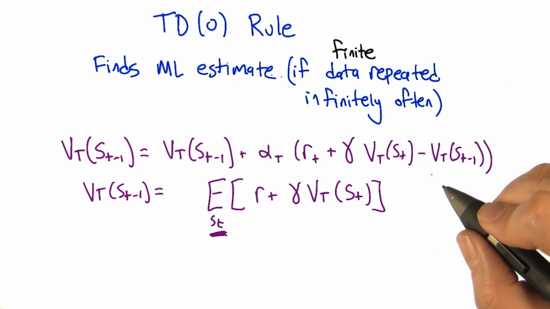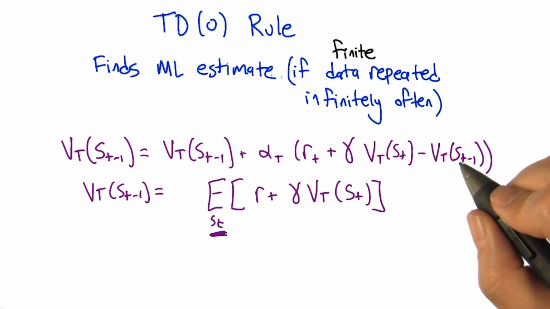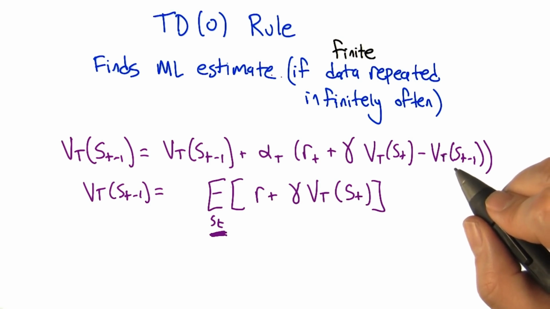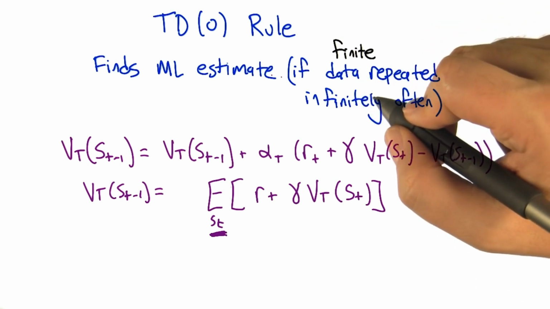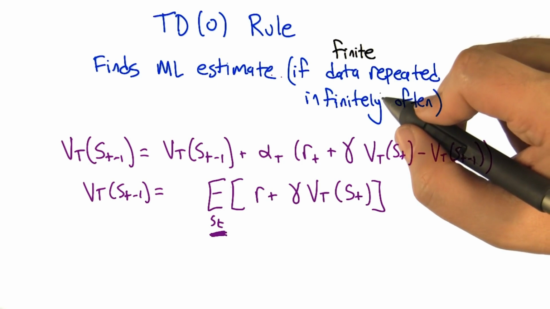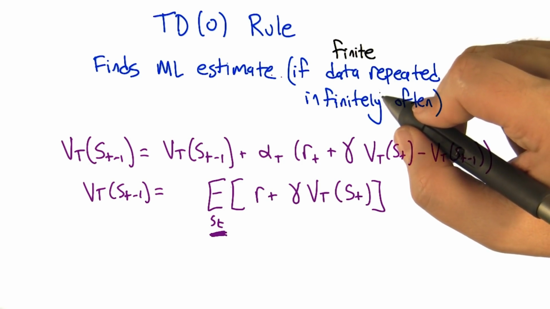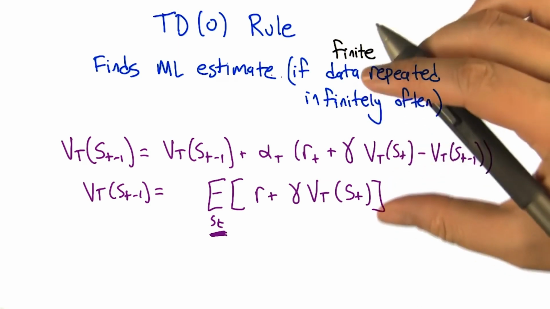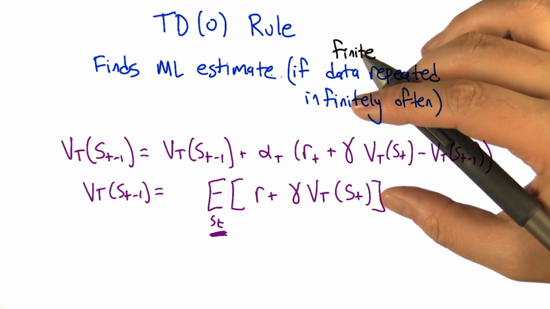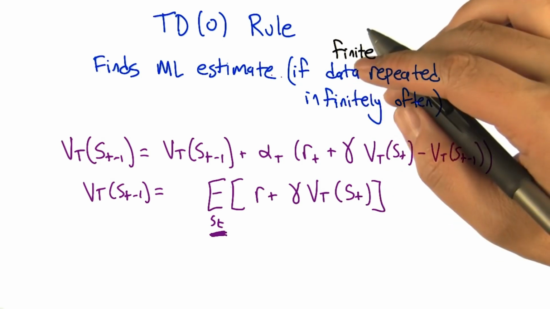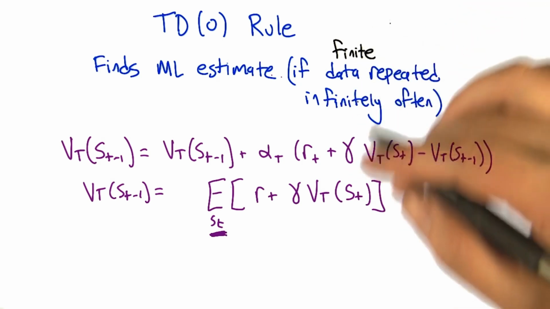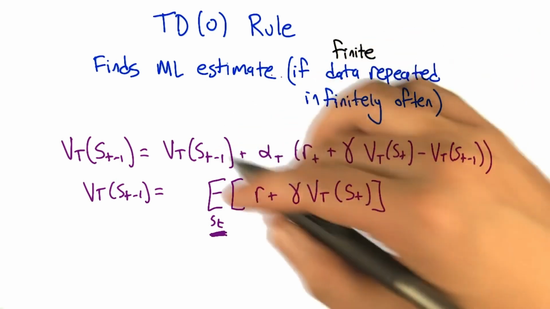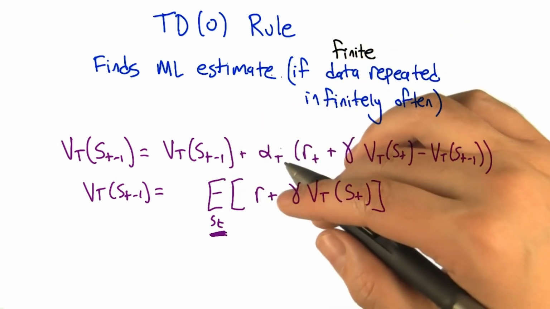Oh, okay, so that finite data thing is important because if we had infinite data, then everything would work. Right, in the infinite data case, this is also true, but TD1 also does the right thing in infinite data. Kind of everything does the right thing in infinite data. Yeah, everything's going to average out. But here we've got a finite set of data so far, and the issue is that if we run our update rule over that data over and over and over again, then we're going to get the effect of having a maximum likelihood model.